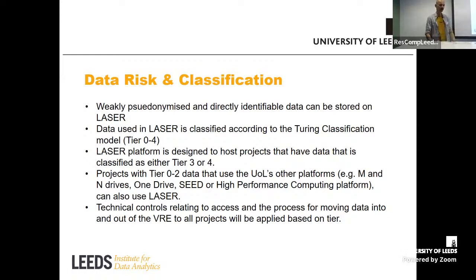Tier 0 is what you'd read on the back of a box or a crisp packet, and tier 4 is GP records and individual sales data from a retail, the real top tier personally identifiable stuff. And LASER has been designed to accommodate research on tiers 3 and 4, so those top 2 tiers.